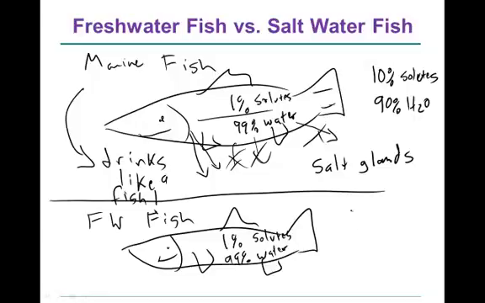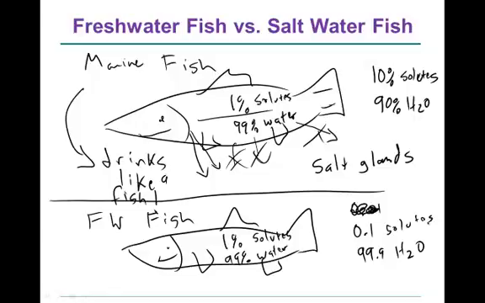We call freshwater fresh. It has varying amounts of solutes, but they're in very, very small concentration, far less than 1%. So we might say 0.01 or something like that. Or let's just say 0.1 to make the math easier. 0.1% solutes is 99.9% water.